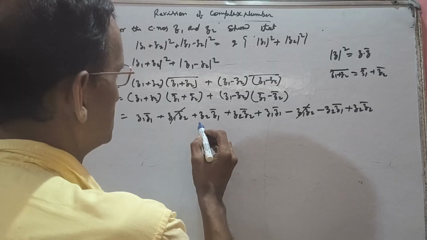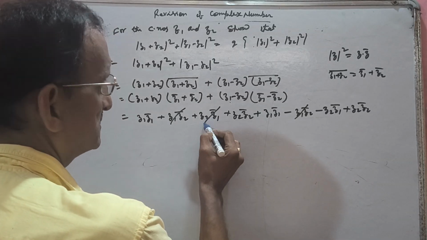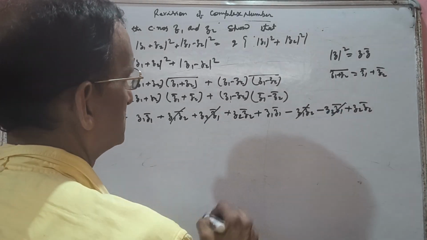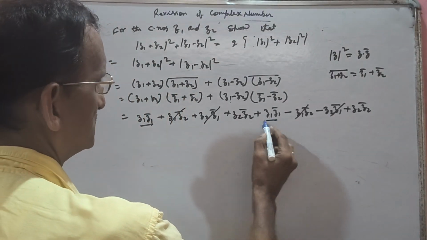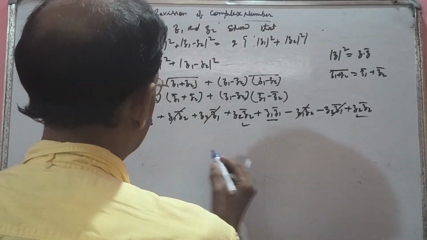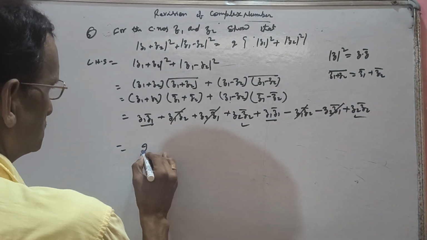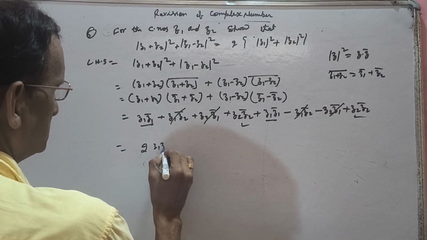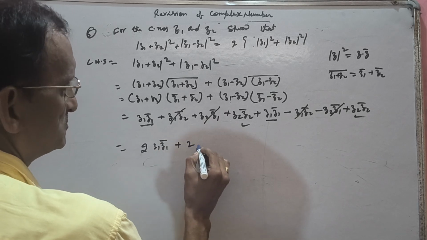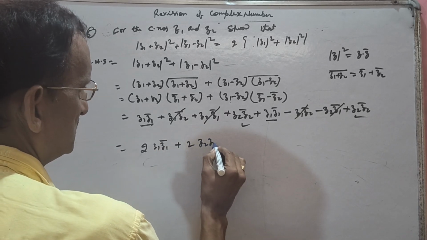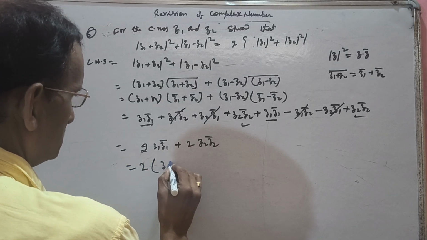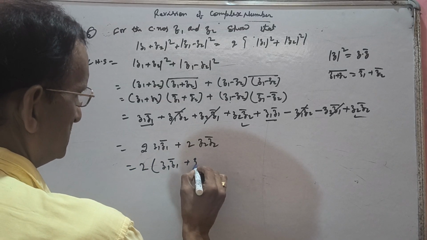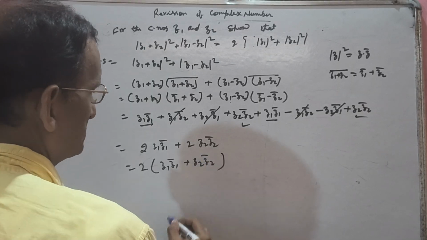Clear? This is z2 z1 bar, plus z2 z1 bar, minus, cancel. See, we can get this 2 times and this 2 times. So you can write 2 z1 z1 bar plus 2 z2 z2 bar. Okay, so 2 is common. What we will get? z1 z1 bar plus z2 z2 bar.